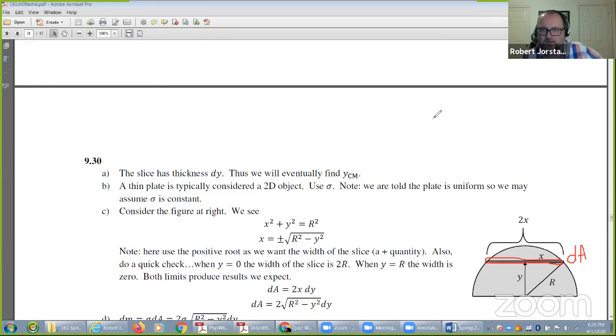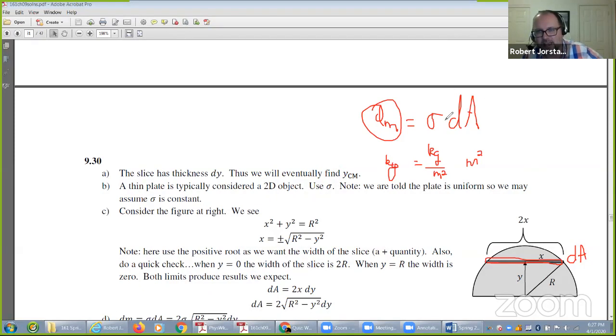So sigma times dA has the units of, and I'll get to the question in just a sec, remember, area has a length and a width there. That's going to give me kilograms, which is a small amount of mass. The terms we might use: dm is the mass of our slice, dA is the area of our slice, and sigma is the density of our slice.